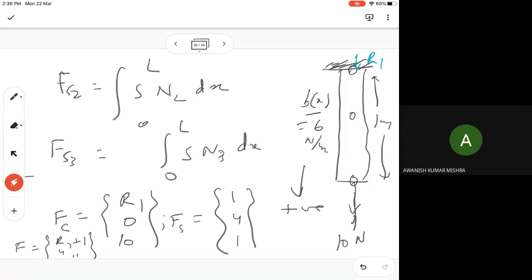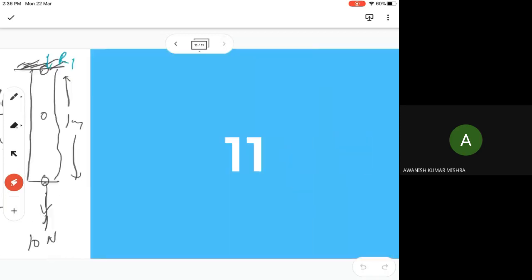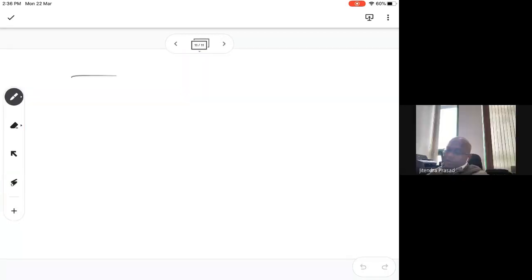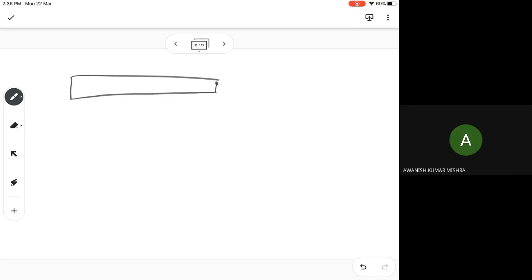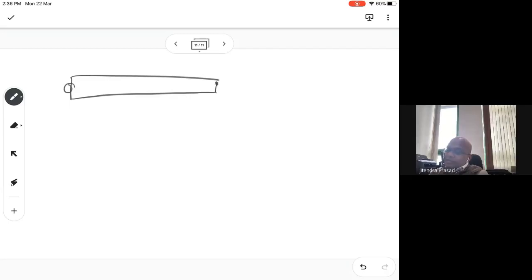Sir, if the tapered bar has 3 nodes, how can it be solved, sir? Okay, so it is a tapered bar, tapered like this, right? Okay, 3 nodes.